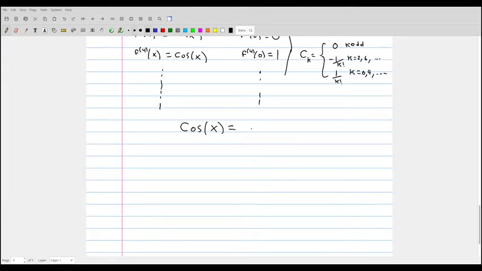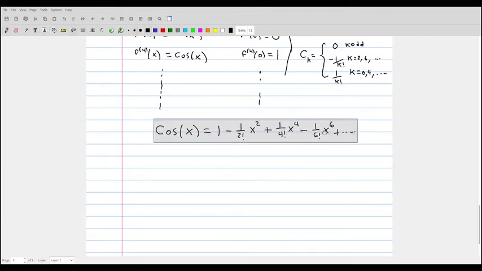So when k is equal to 0, k factorial is 1, so it'll be 1, and then it'll be minus 1 over 2 factorial times x squared plus 1 over 4 factorial times x to the 4th. The next one up is minus 1 over 6 factorial times x to the 6th, and so on and so forth.